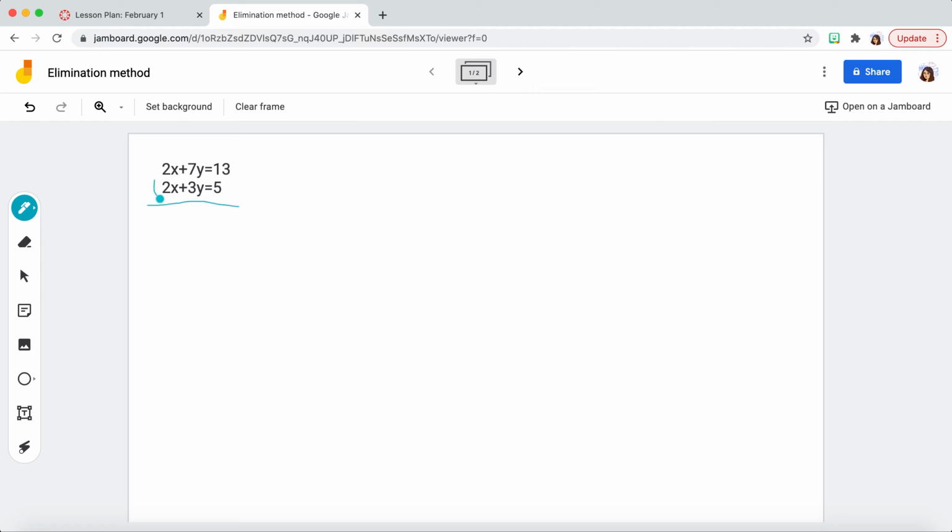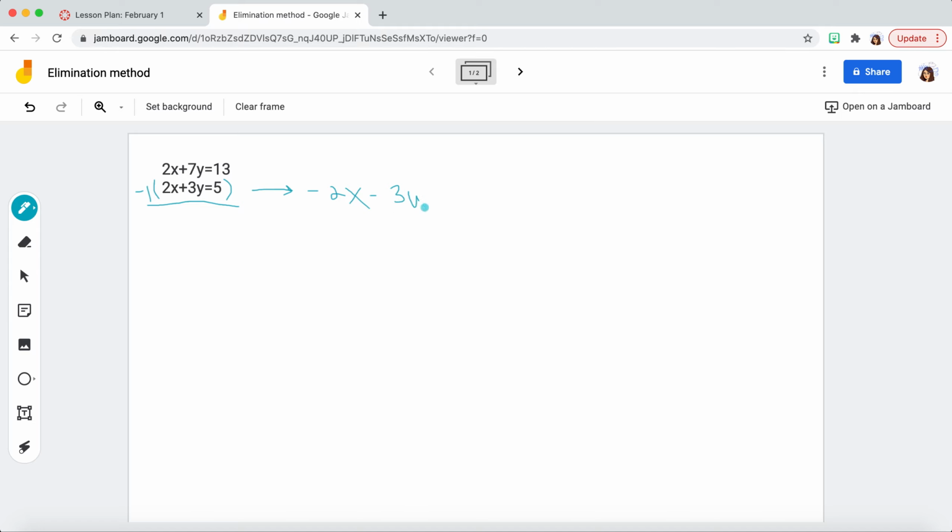However, if I multiply by -1 so that it becomes a -2x, I have to multiply my whole equation by -1. So I'm going to go ahead and rewrite it over here. -1 times 2, that's -2x. And I also have to do it to the 3y, so it's going to become -3y.